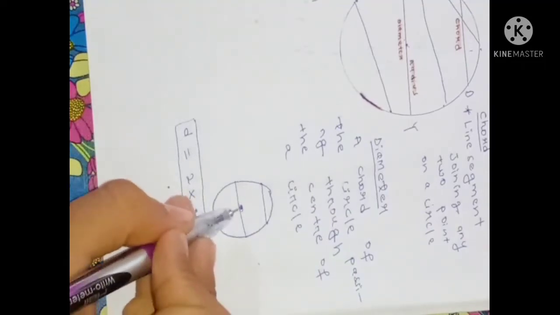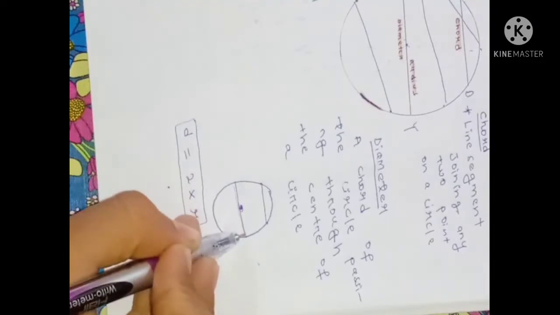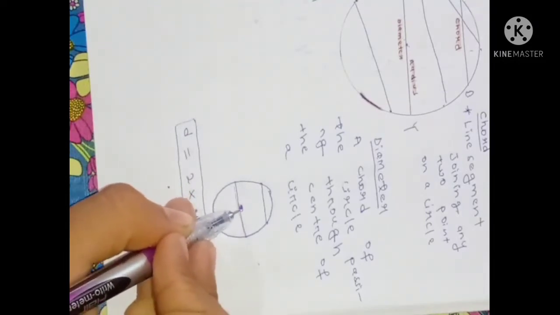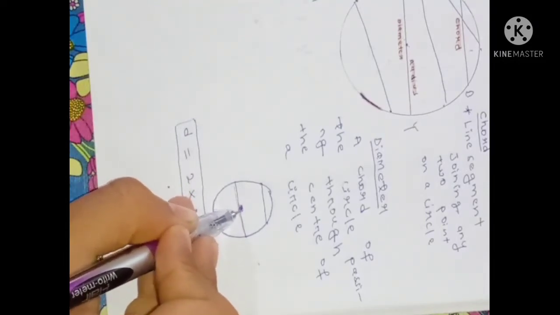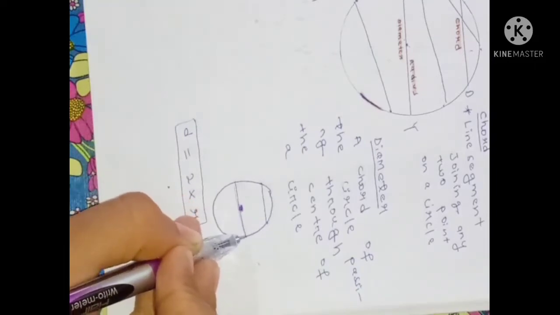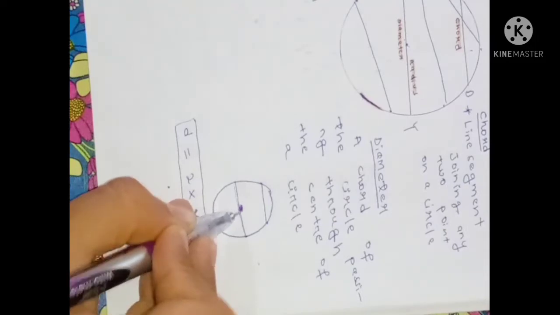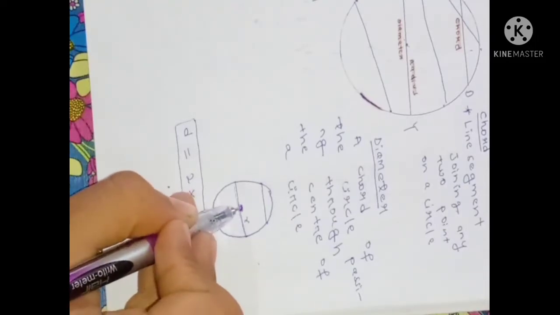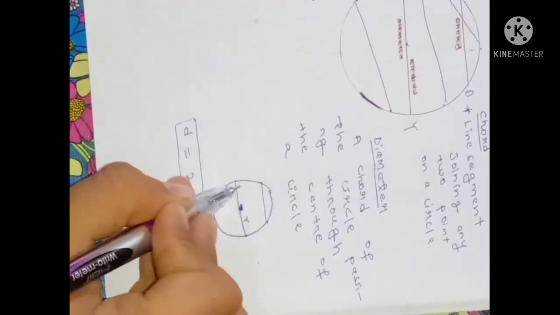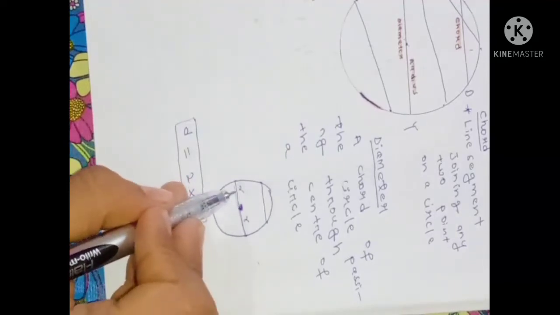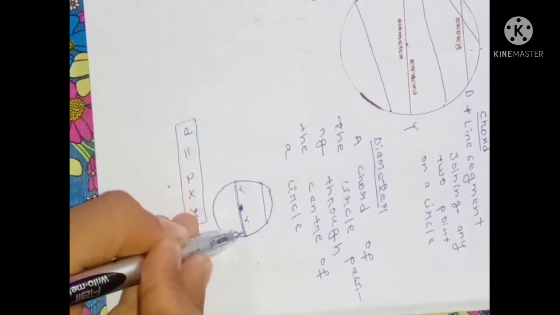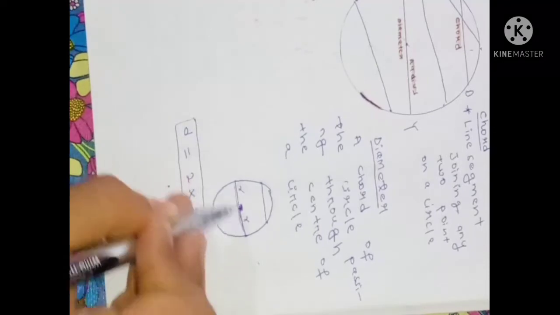Now you know this is a diameter. Also you know about radius. From a point on the circumference to the midpoint, this is called radius, and also from this midpoint to this part, it is radius. So finally, in one diameter, there are two radii.